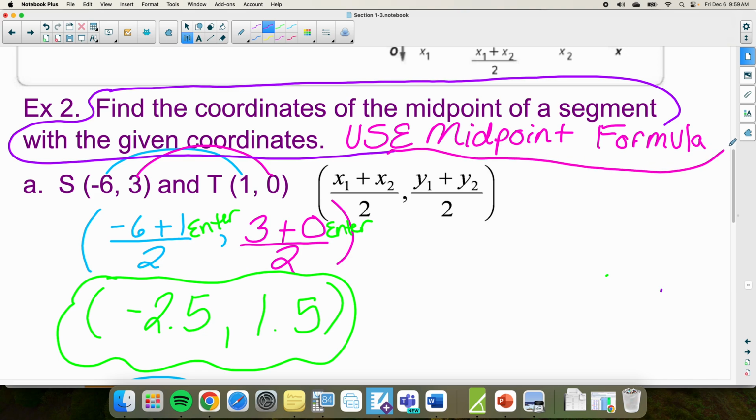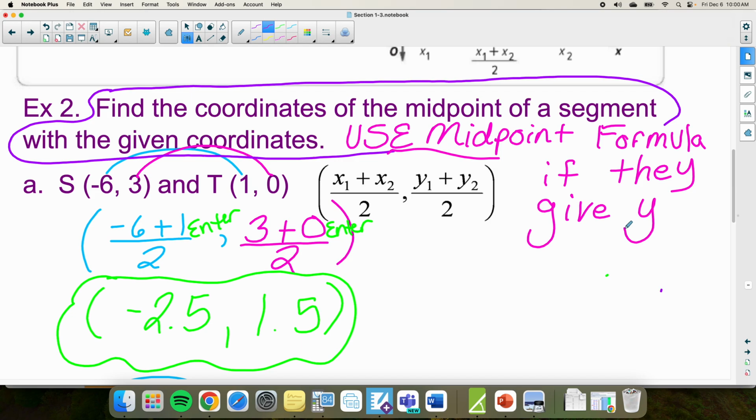Add or use midpoint formula if they give you both endpoints.